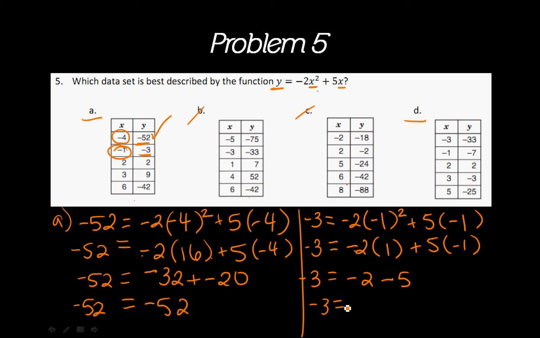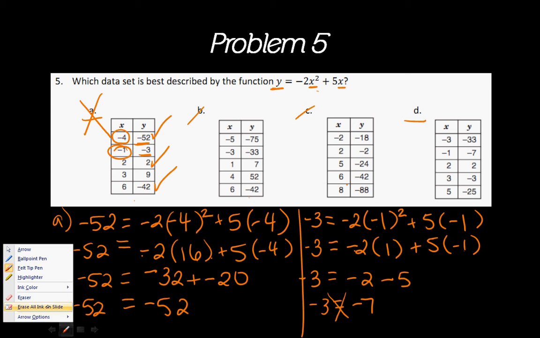And this is tricky because you can see that some people may say negative 2 times negative 5 is negative 3, but it's not. It's negative 7. You have to be careful and use your calculator if you need to on the day of the test. So negative 3 and negative 7 are not the same, and so clearly A doesn't work as an answer, even though the first point worked. And actually, if you went through and did them all, I think it's these 3 all work out for that one. So you have to be really careful with that.